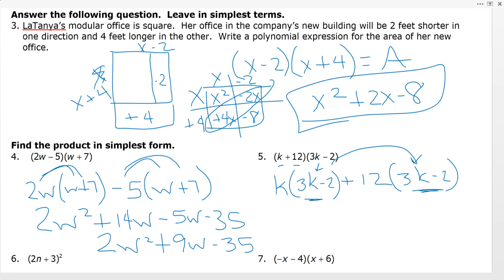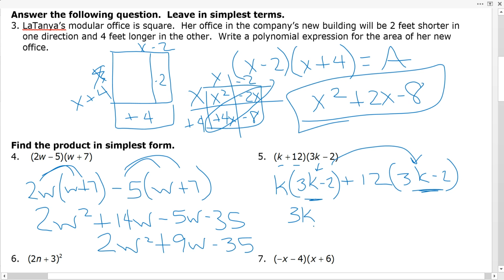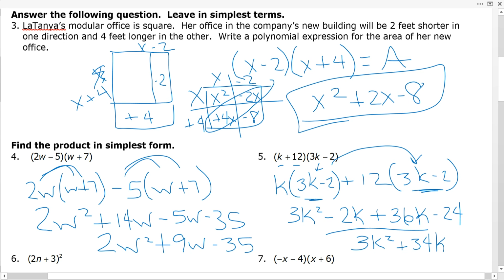All right, 3k squared minus 2k plus 36k minus 24. Those go together, 3k squared plus 34k minus 24.